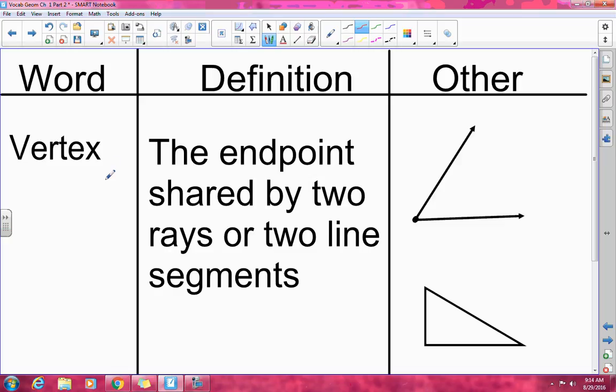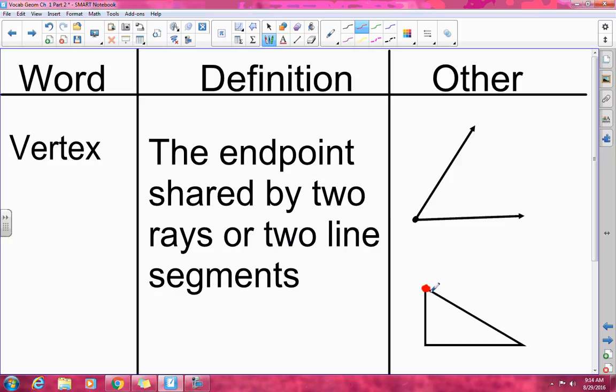Okay, the next word is vertex. We were just talking about polygons, so a vertex is where your line segments meet. That would be the vertex of a polygon. Or it's where two rays meet. So the formal definition: the endpoint shared by two rays or two line segments.